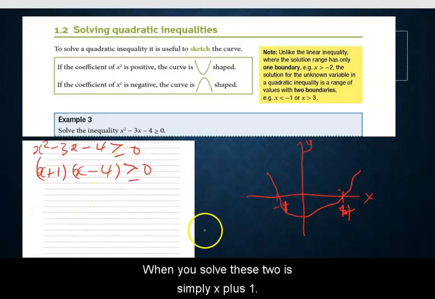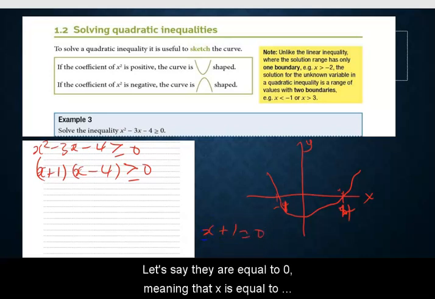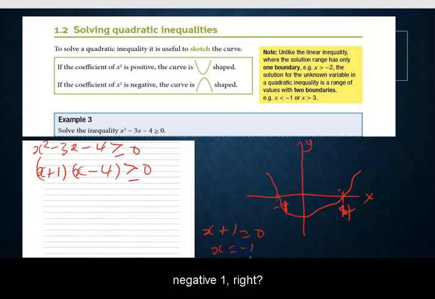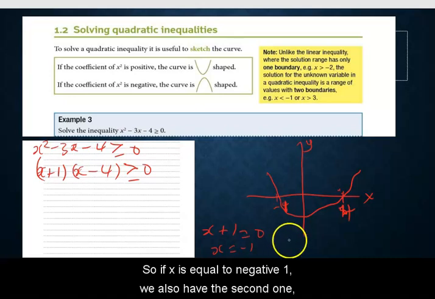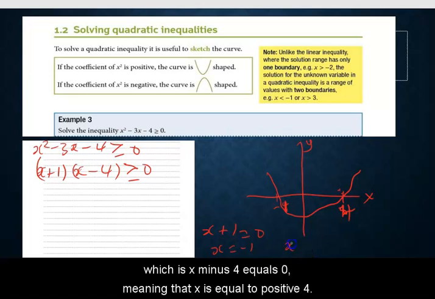When you solve these two, let's say x plus 1 is equal to 0, meaning that x is equal to -1. The second one, x minus 4 equals 0, means that x is equal to +4.